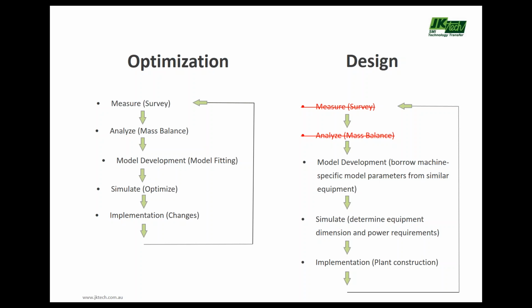It is very important that when we use JKSimMet, either for optimization or design, we follow the right method. For optimization, that includes the path that you see on the left. The accuracy of the predictions will basically depend on two things.